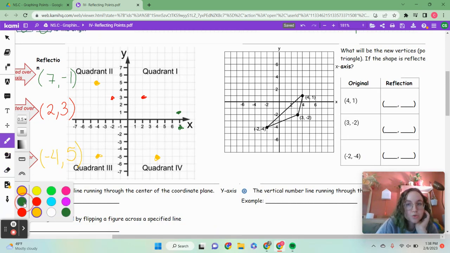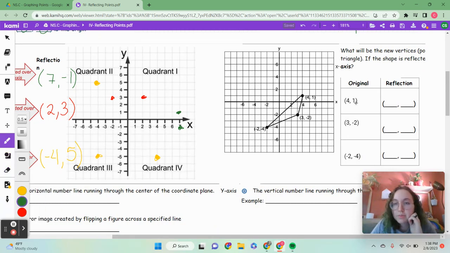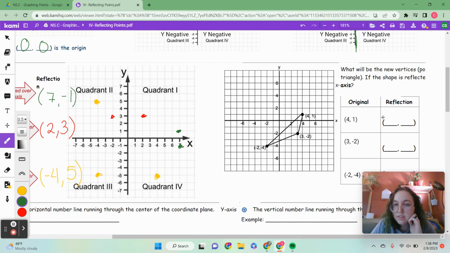Let's try it with a shape. I'm going to go back to my green. If I have the points (4, 1), (3, -2), and (-2, -4), and I want to reflect them over the x-axis, let's start with our point (4, 1). From the x-axis I go up 1, so I would go down 1 to reflect across the x-axis.